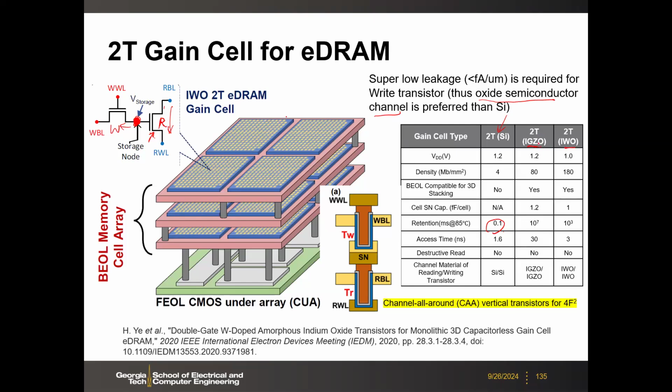Therefore, if you use those materials as the channel for the transistor here, then you will improve the retention to above a second. So you may not even need to refresh if you use this as a last level cache, because in last level cache, you need to update the data anyway. So you just need seconds or minutes of retention. So then this becomes very attractive, okay?